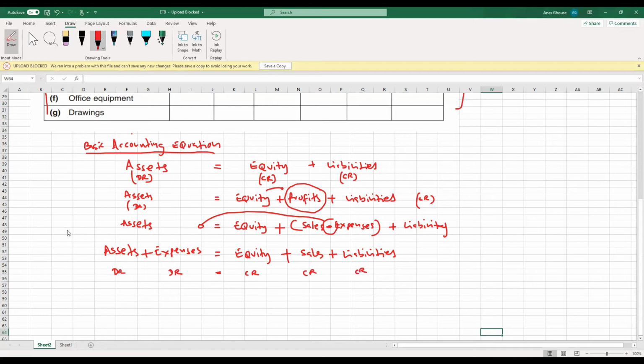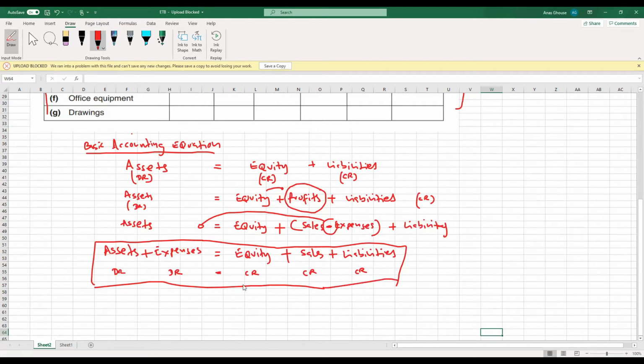If you know this basic accounting equation and how it is presented, it is very easy to answer these types of questions. Basically all the assets should be on the debit side, expenses on the debit side, equity on the credit side, sales on the credit side, and liabilities on the credit side.